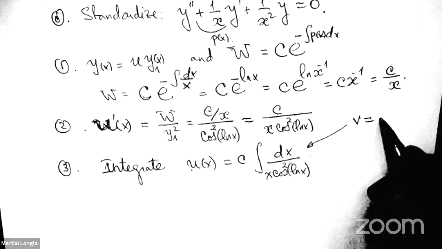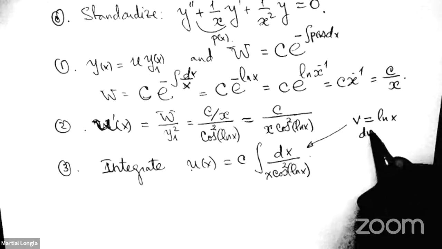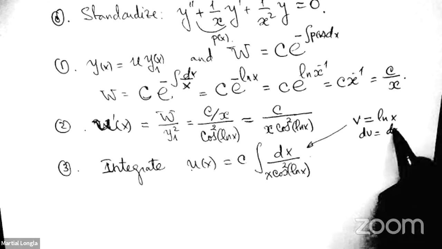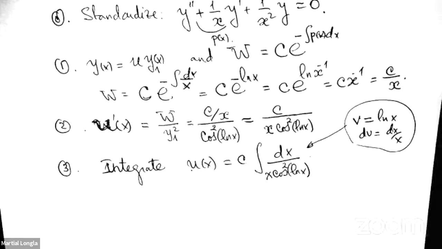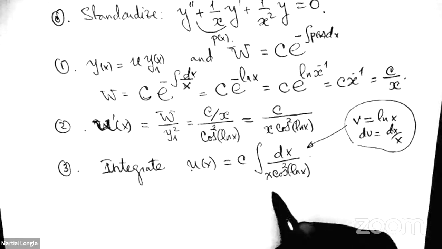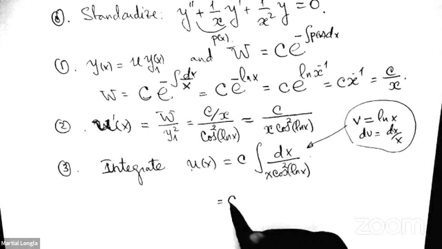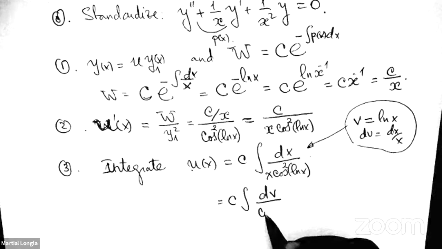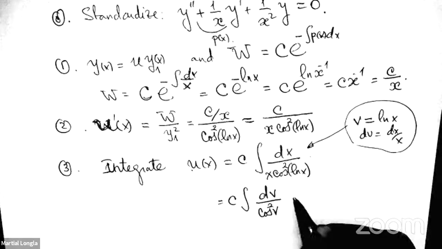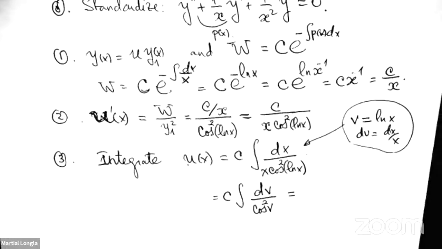So v equals natural log of x, and so dv is dx over x. That's what we do, substitution. And so this gives us c integral of dv over cosine squared of v. And what's the integral of dv over cosine squared v?